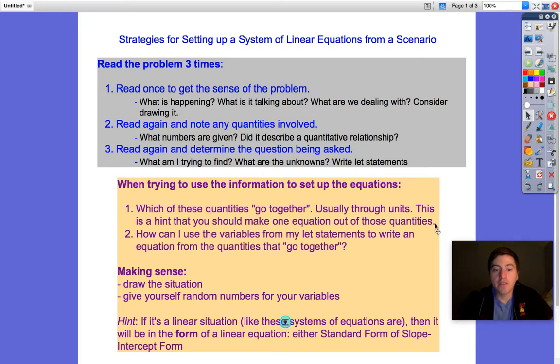You can draw it, as we said already. You can give yourself random numbers just to make sense of what's happening. So, say you've got a let statement that says B is the number of whatever. Just ask, well, what if I had five of those? How would I use it with the equation? That can help you make sense of it.